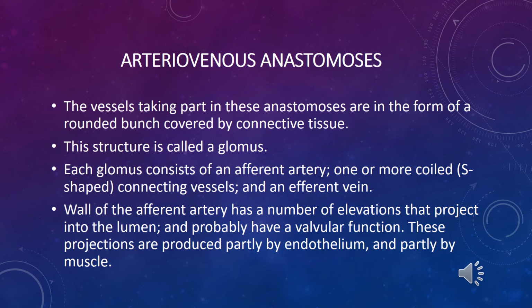Arteriovenous anastomoses form specific combinations, I told, and may form a special structure called a glomus. A glomus is covered by connective tissue. Each glomus consists of an afferent artery, one or more coiled S-shaped connecting vessels, and an efferent vein.